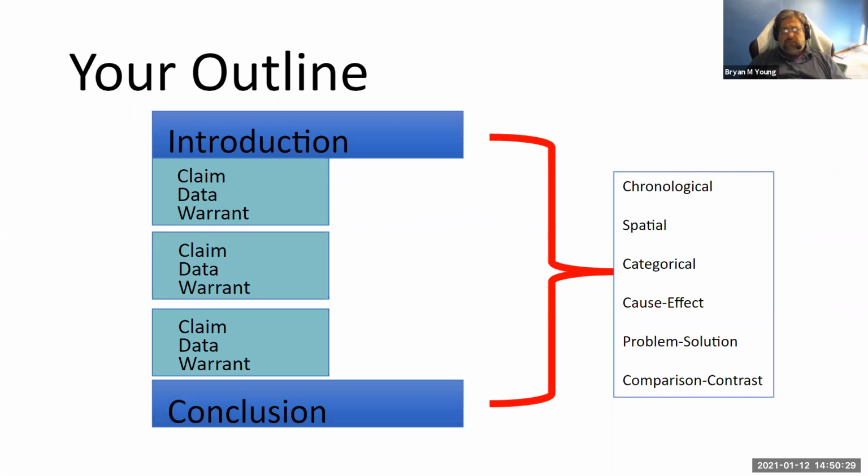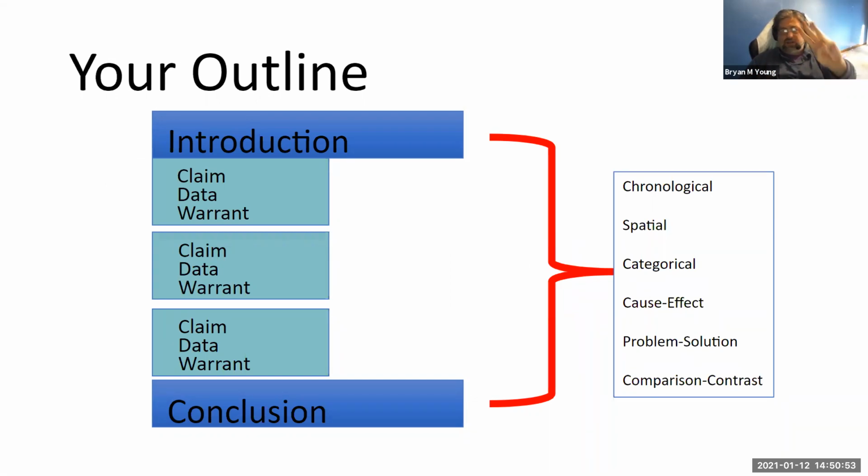So when you make your speech, when you make your outline, you're going to have approximately three, maybe four claims, three arguments. Each argument is going to have claim, data, warrant. You don't have to have it exactly in that order, but you need to have three reasons why your side is correct.